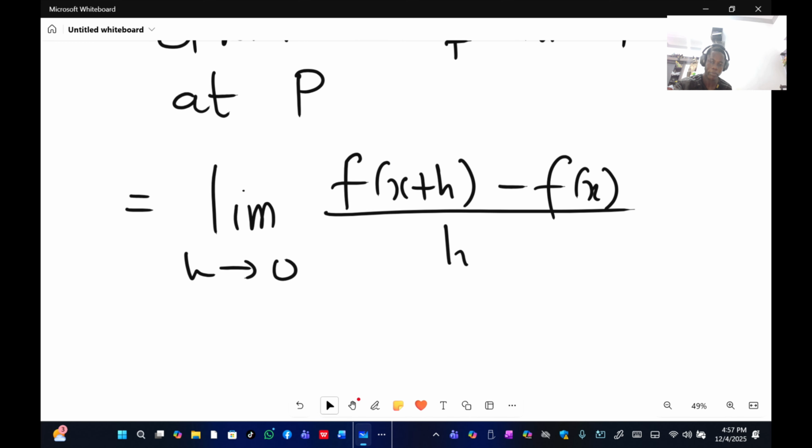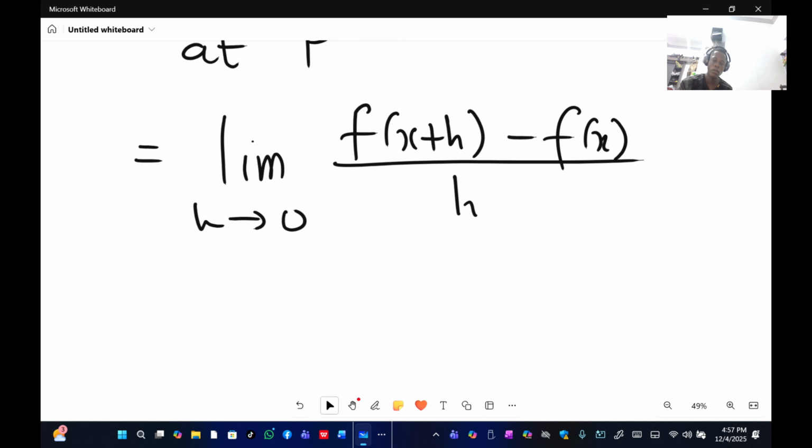Now, in calculus, when you have a limit of a change in output over a small change in the input, as the change in input approaches zero, we use dy/dx to represent it.